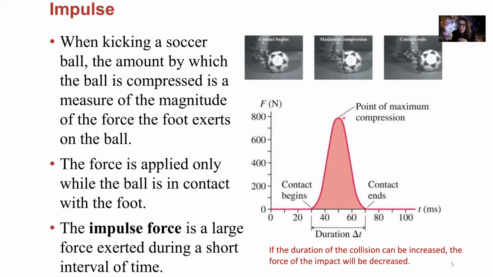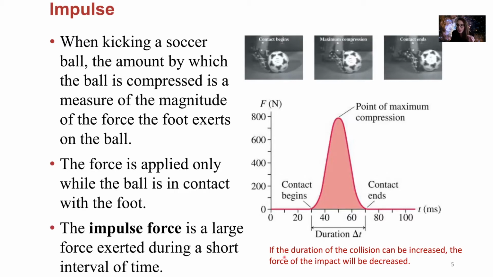Halfway through the collision, we'll reach a point of maximum compression of the soccer ball, and at that point is where we have the greatest amount of force being applied on the soccer ball. And then towards the end of our collision, the contact force is diminishing and eventually contact ends. And so this is a plot of what the force applied looks like during a collision. We've got our time period over which this collision is happening, and this is a plot of what that force looks like during the collision.